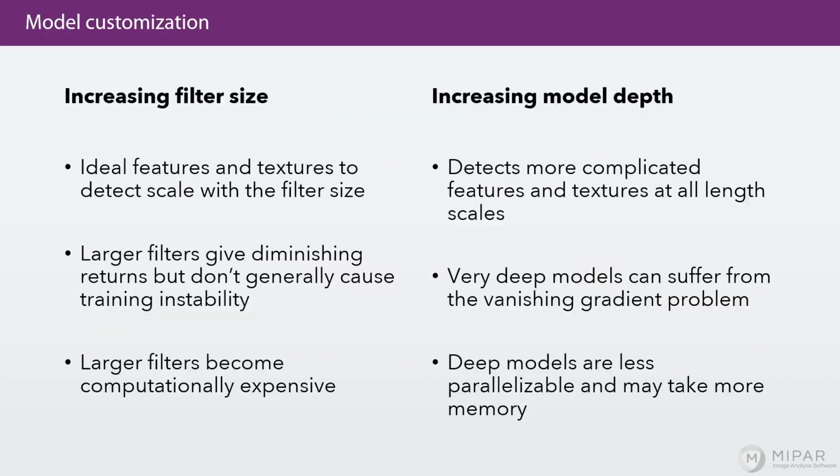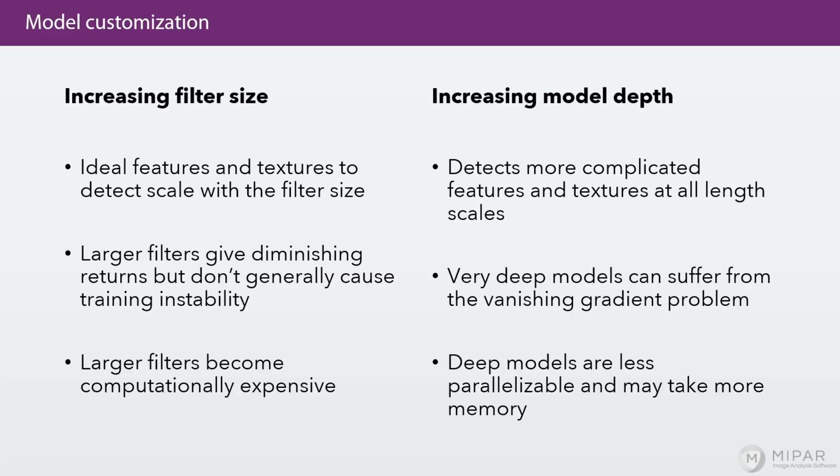Of course, I mentioned larger filters can become computationally more expensive as you increase the size. Increasing the model depth doesn't so much increase the amount of computations that needs to be done each layer. But the models are less parallelizable because you have to process one layer and then the next, and then the next.